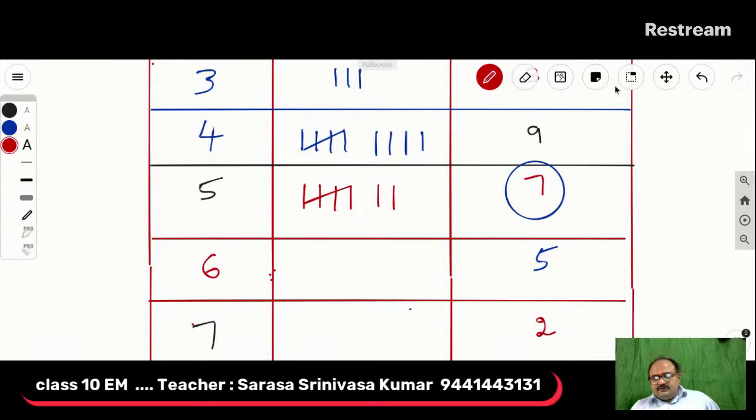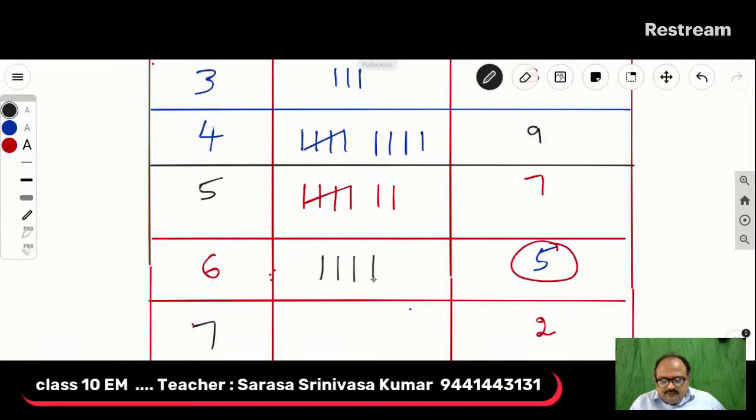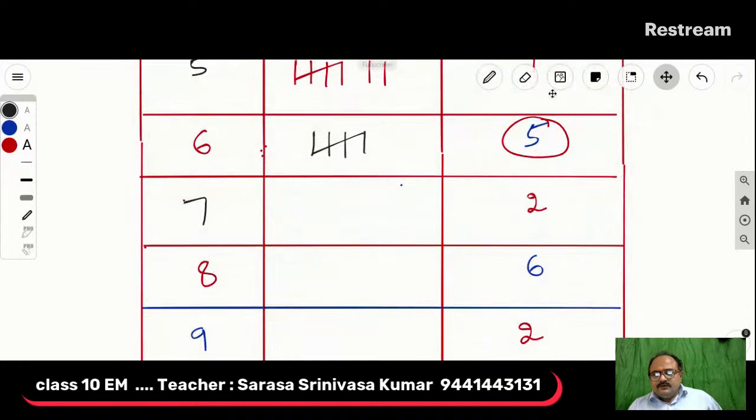Next, we should write tally marks for 5. 1, 2, 3, 4, 5. Now we write tally marks for 2.